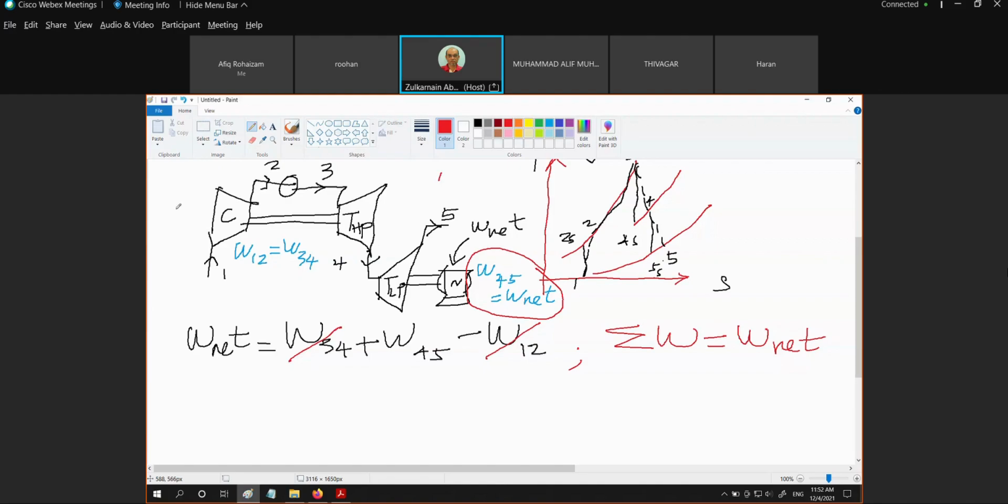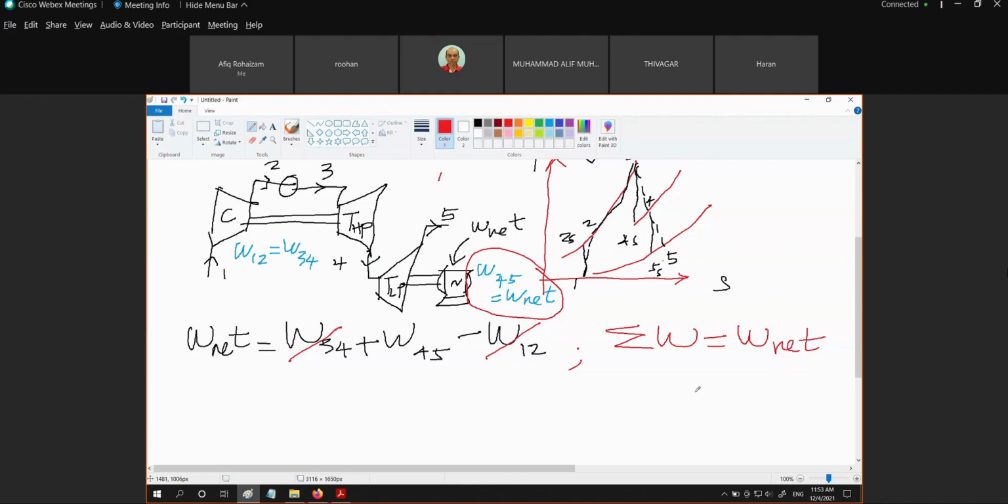And this relationship will lead us to the temperatures at 1, 2, 3, 4. Also for this case, it might help us get the power or the W net produced by this turbine low pressure.